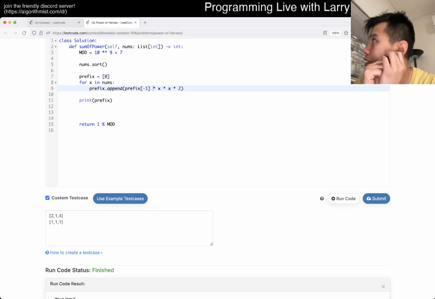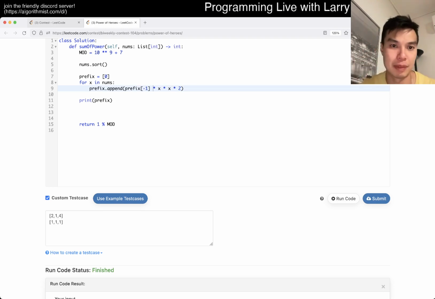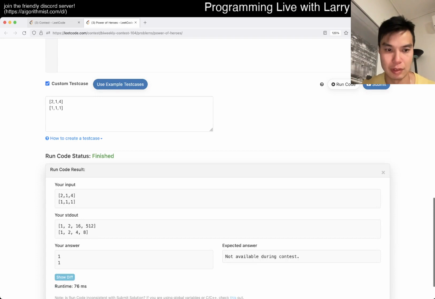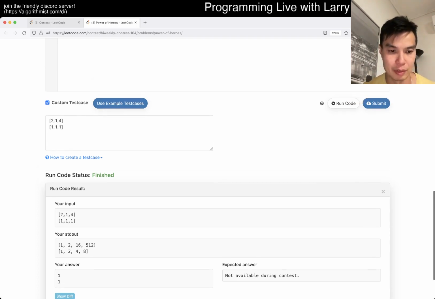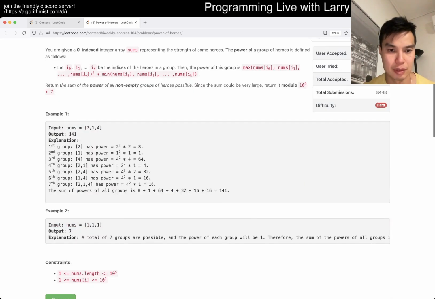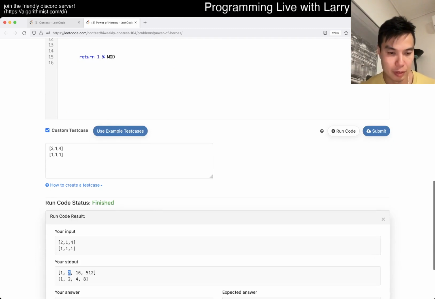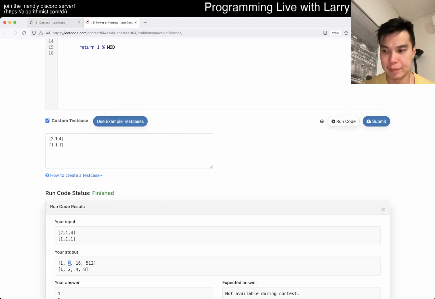Is it? Maybe it is. I don't know. Let's play around with it. Okay. So we have 1. Maybe you have 1. I need, in this case, it's not a prefix, or maybe a suffix.